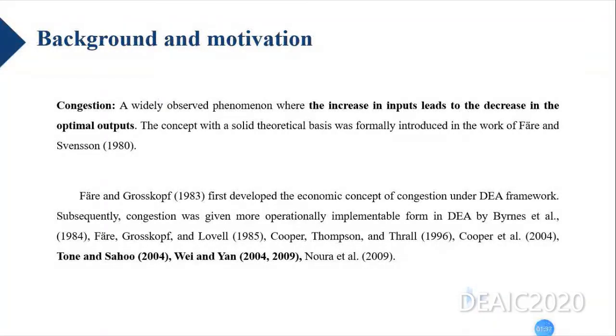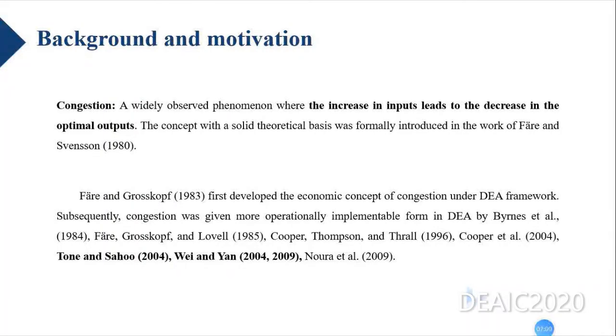In practice, the real production function is often difficult to obtain, especially in multiple inputs and outputs production situations. DEA, as a data-driven evaluation method, can effectively approach the real production function.